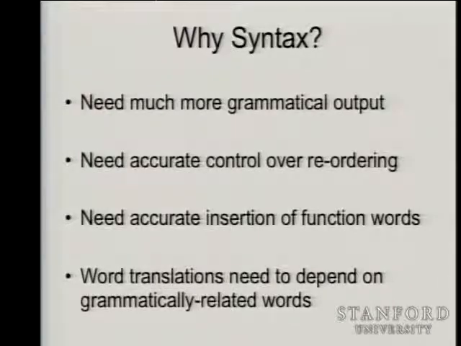To some extent statistical phrase-based systems can reorder phrases, but they have very weak models of doing that, and you'd hope that syntax-based models could do a lot better. Phrase-based systems are also normally bad at putting in the right function words, whether that's knowing that when you translate into English you have to put the and a in various places, or in other languages you have to put various kinds of case particles or verb endings, because they don't really understand any of the syntax.